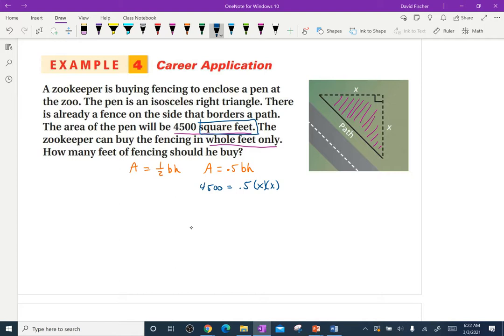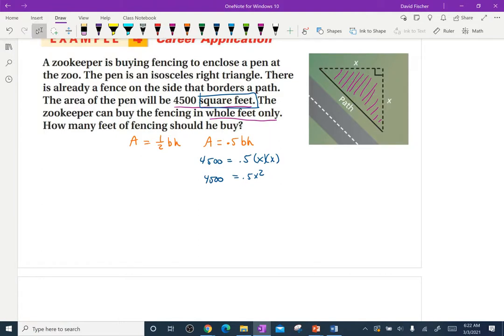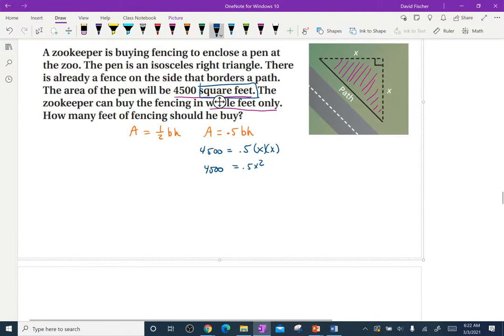So do you agree that 0.5 times x times x is 0.5x squared? All right, so let's get that x squared by itself. Who cares if it's on the right-hand side? Let's divide by 0.5 on both sides. And I'm getting 9,000. That's a reasonable answer. I divide by 0.5.